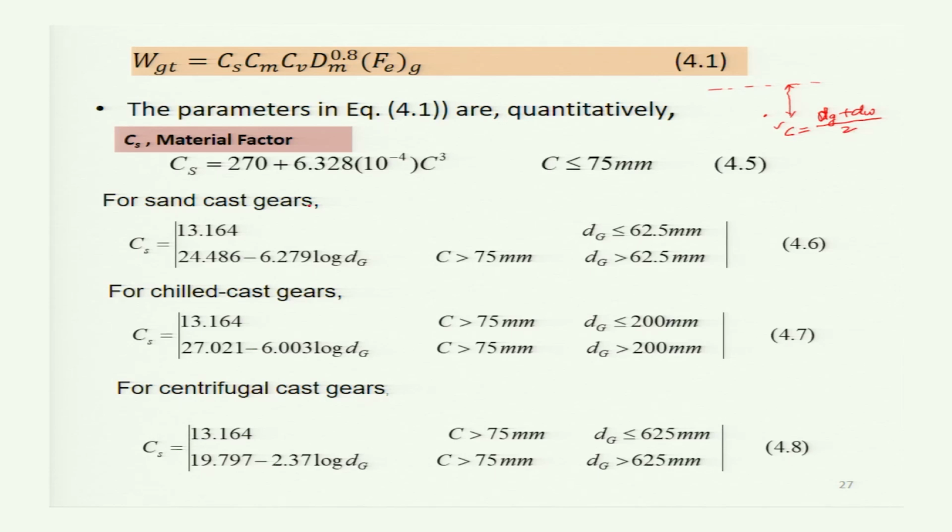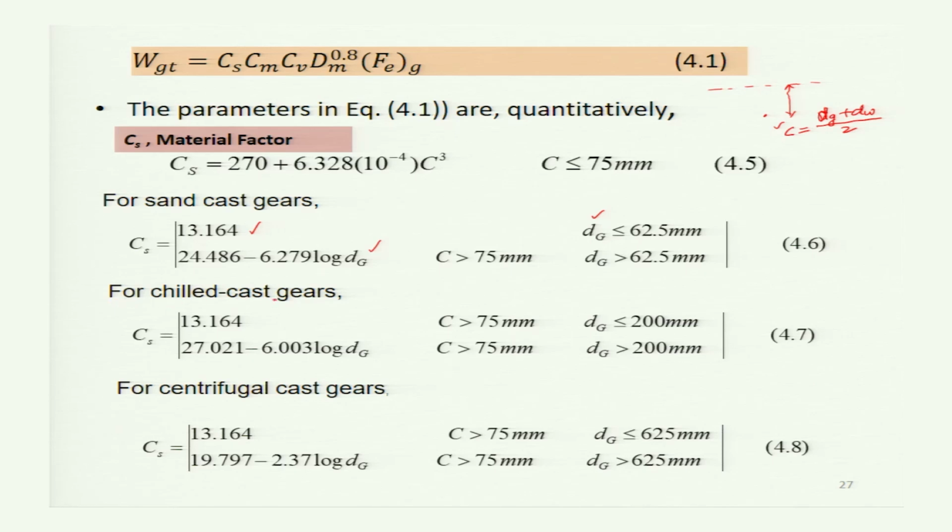For sand cast gears, the value of CS is given by this formula based on the pitch circle diameter of the gear. If it is less than or equal to 62.5 mm, then it is a constant 13.164. But if it is greater than 62.5 mm and the center distance is greater than 75 mm, then it is given by this formula, which is a function of the pitch circle diameter of the gear.